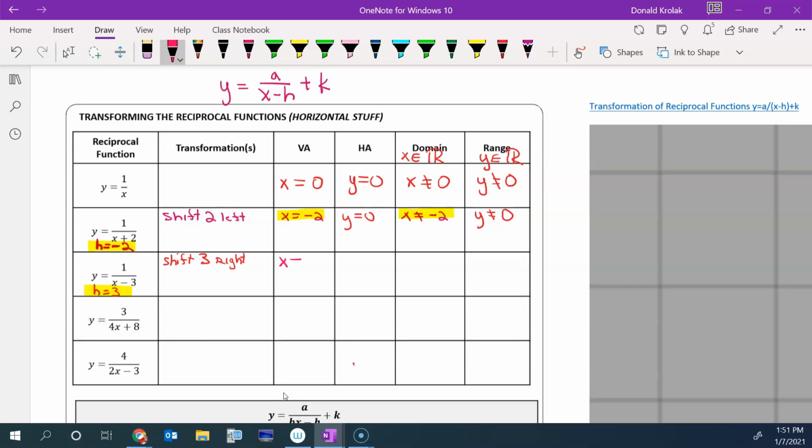So X is not allowed to be 3, not 0, and color code. Okay.